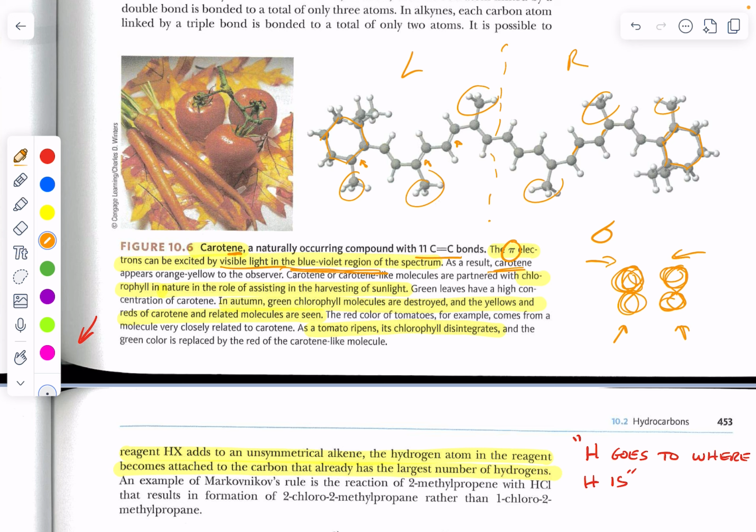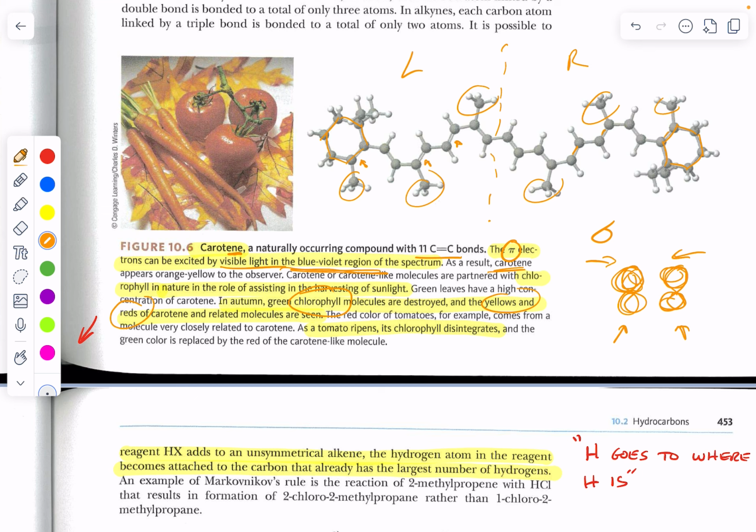And so the orange-yellow color is there all along in the green leaves or the green tomato. But as the tomatoes ripen and as the leaves get old, in response to the changing amount of daylight and the changes in the temperatures and the shorter days and so forth, the chlorophyll, which is responsible for the green color, decomposes or breaks down first, leaving behind the yellows and the reds.